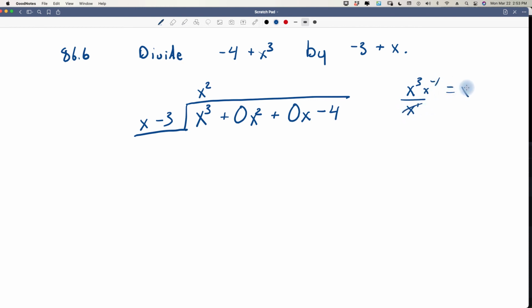Then that's x squared, right? Okay, x squared times x is x cubed. x squared times negative 3 becomes a negative 3x squared. We need to subtract, so we're going to change the signs. These are going to cancel. These are going to combine and be positive 3x squared. Bring down the 0x.